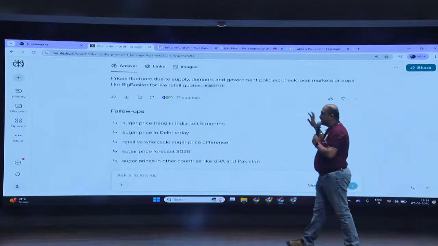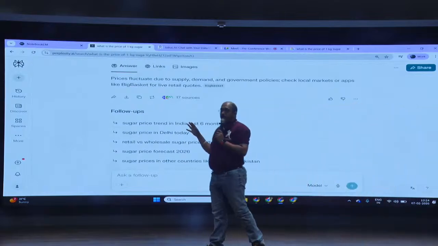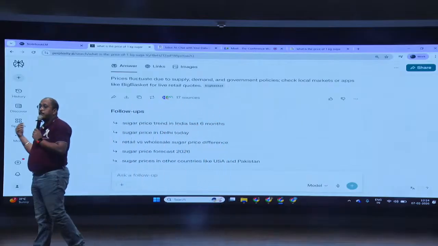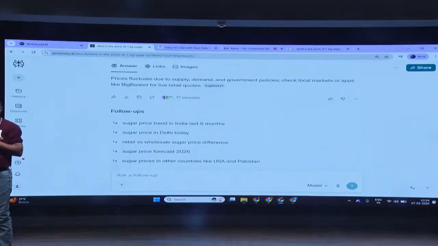So for such generic things, if you shift from GPT to Perplexity, it will give you much better answers. When I say better, I mean at least authentic answers. Even if it is giving you cooked up answers, it will tell you where it is getting them from. So I'll at least be sure which source the information is coming from.